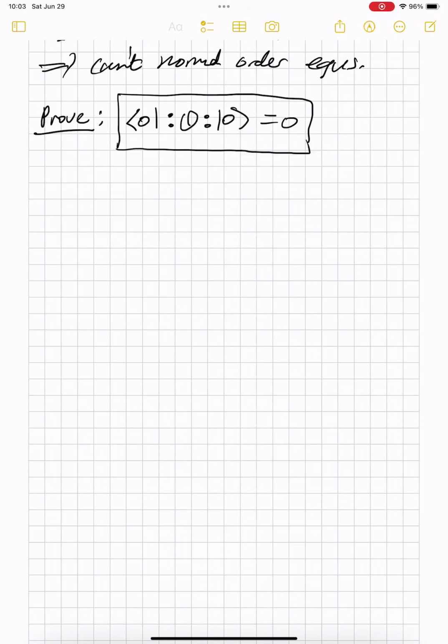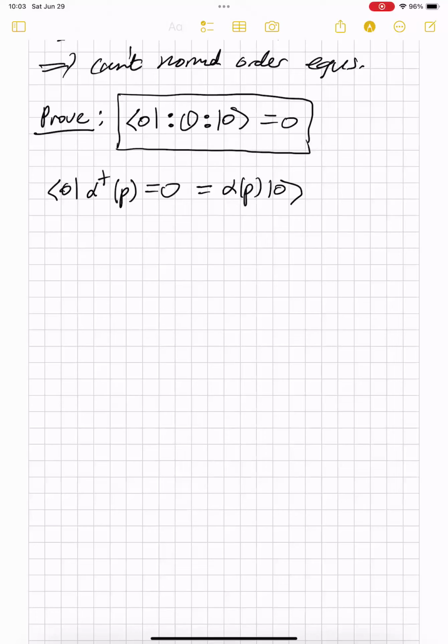And to prove this, all that you have to remember is that in normal ordering, you put the daggers to the left and the undaggered operators to the right. So just remember the definition of normal ordering. And then the other thing that you need to remember is that bra vacuum is annihilated by alpha dagger and ket vacuum is annihilated by alpha.